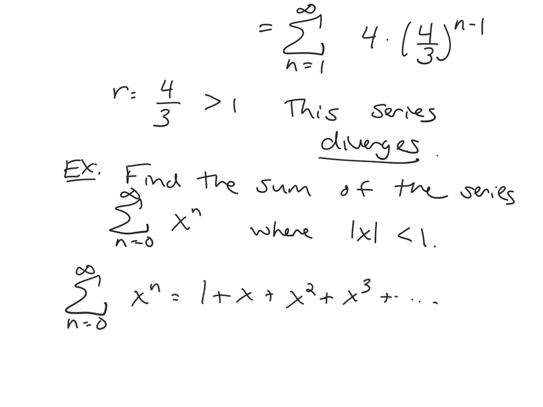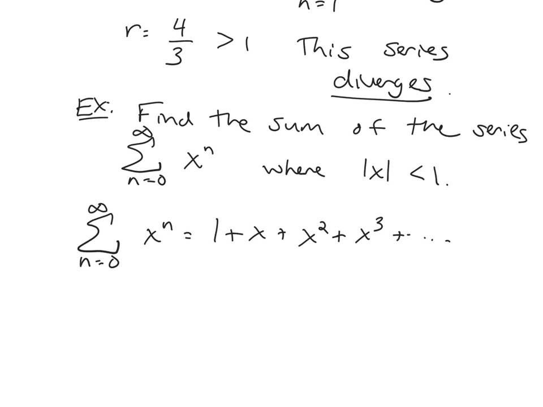Do we all agree that this is a geometric series? What's my r? What am I multiplying by to get to the next term? x, right? x every time. So this is a geometric series. My first term, a, is 1. My r is x.